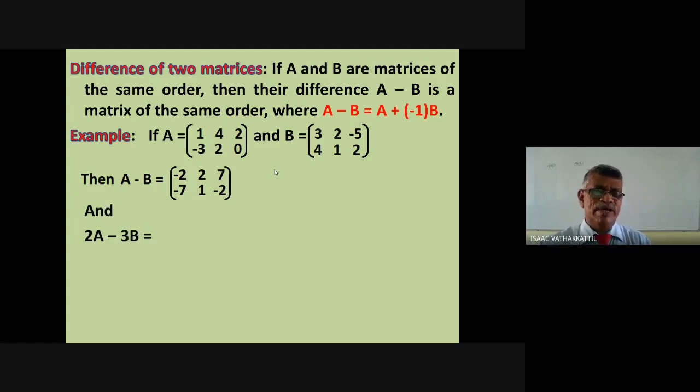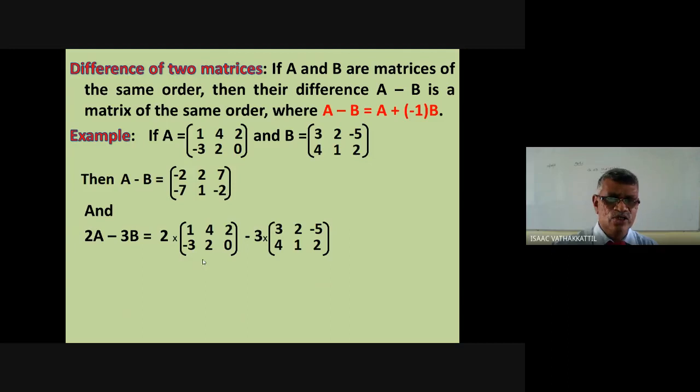What about 2A minus 3B? Here we are multiplying A with 2, then B with minus 3 and adding, or B with 3 and subtracting. What is 2A? 2A will be [2, 8, 4; minus 6, 4, 0]. What is 3B?